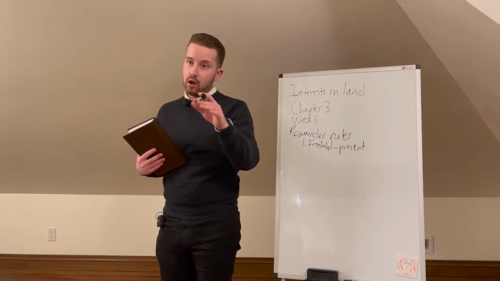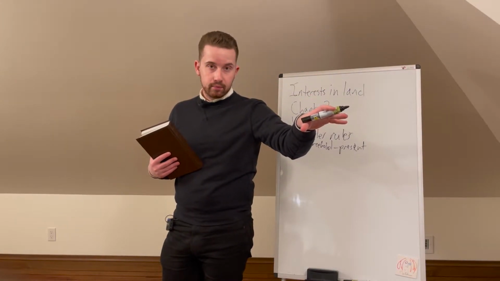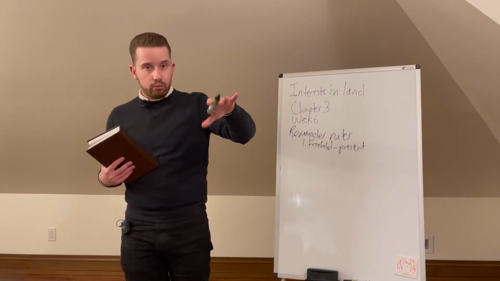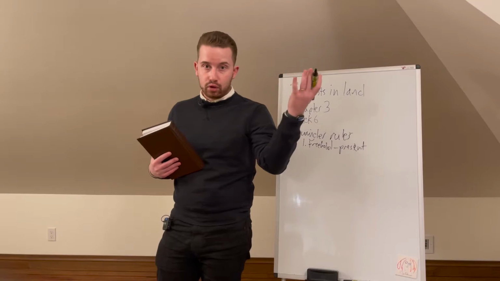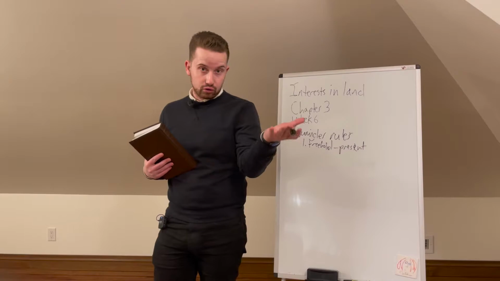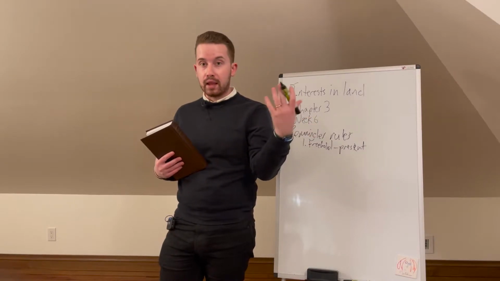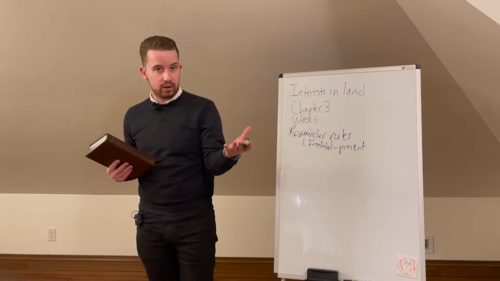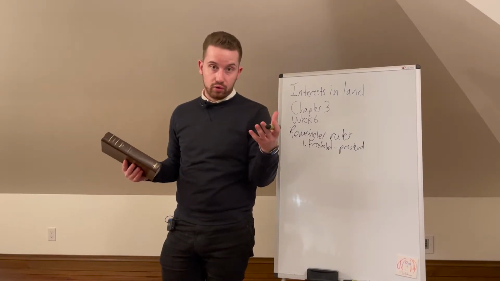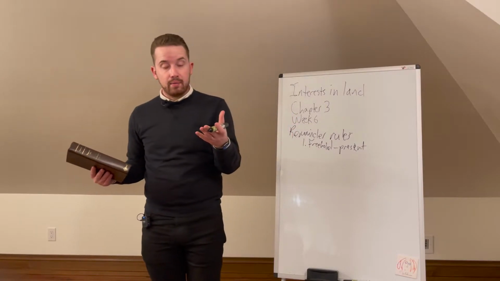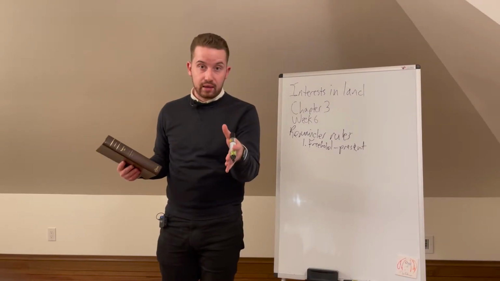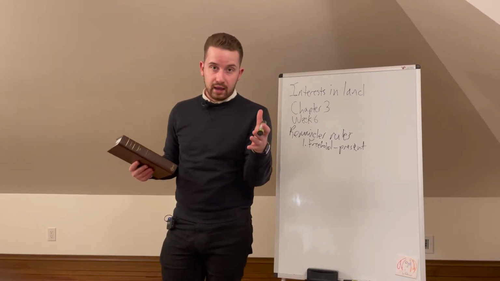So you can say remainder to C, and that can be contingent. So you could say remainder to the first child of C, and C might not have children at the time. And that's fine. The remainder is contingent. We said it's fine. It's neither vested in interest nor possession. There's uncertainty, but you're allowed to have that. And then at some point, the interest will vest, namely when the life estate ends.